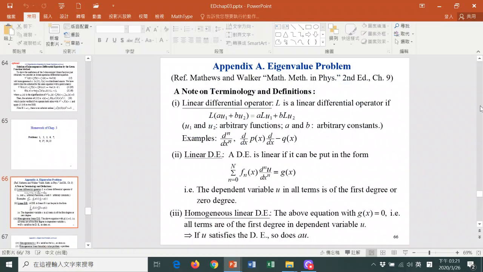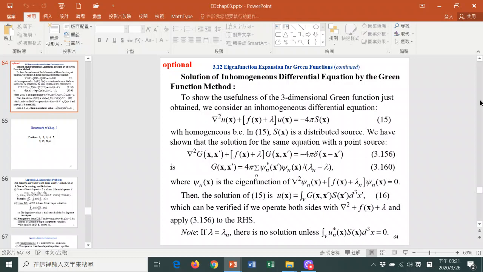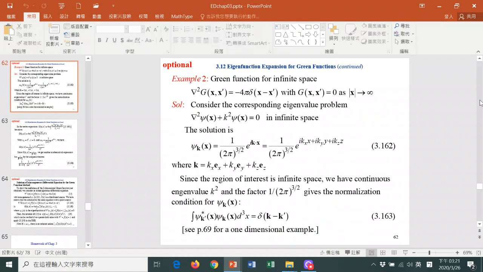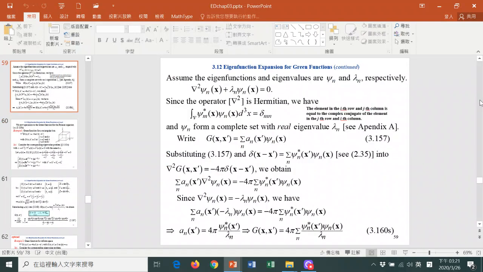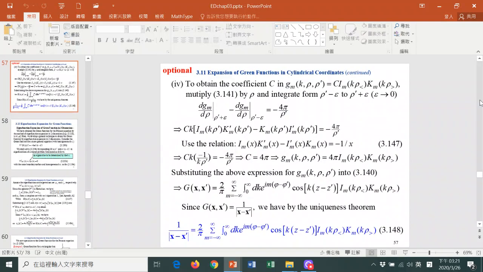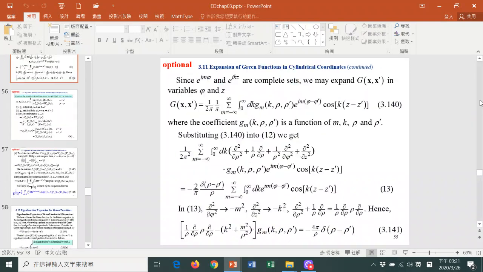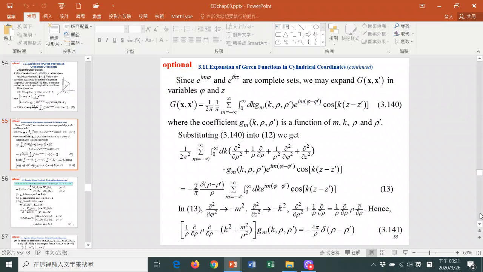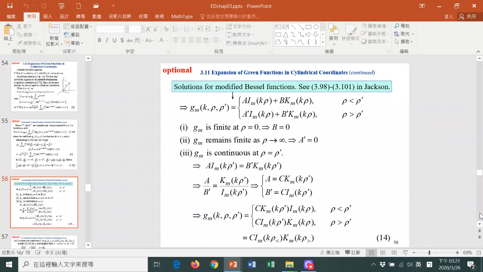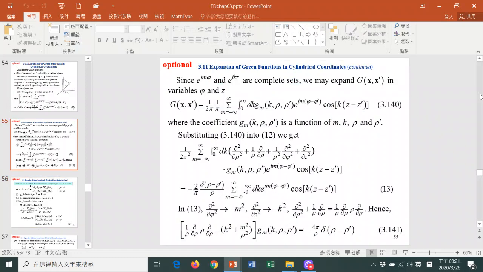What happened? Okay, 9.168 actually is Green functions. At least you can check this one.